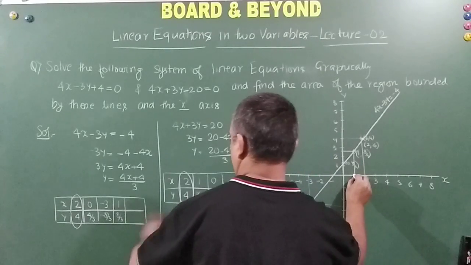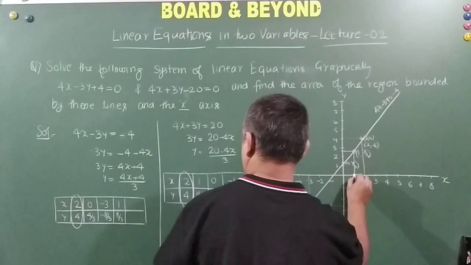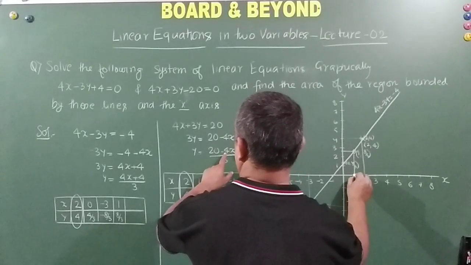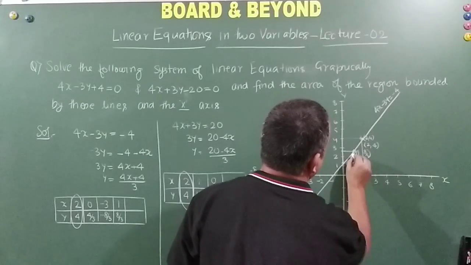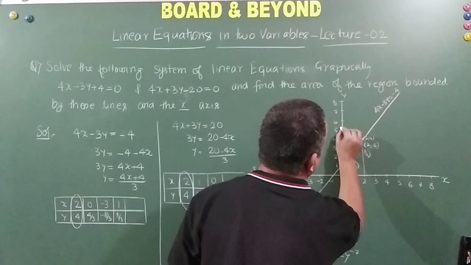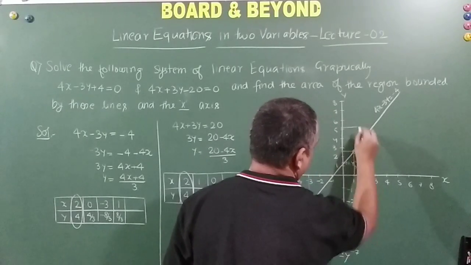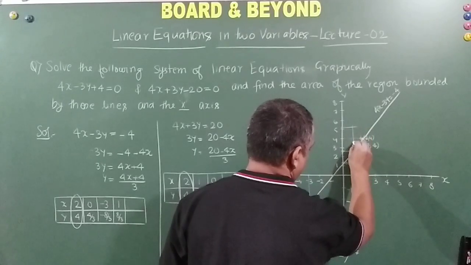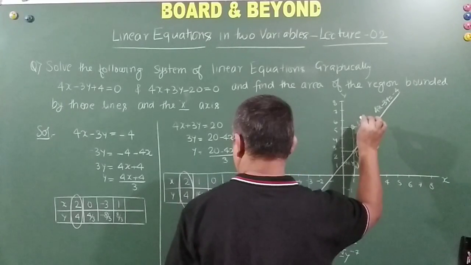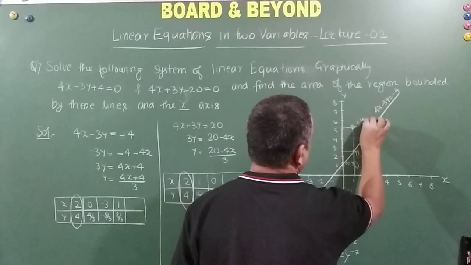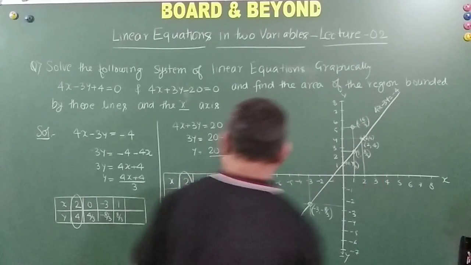X is equal to 1, y is equal to 16 by 3. So this 5.1. Let me just do here, and this point, x is equal to 1, y is equal to 16 by 3, right?